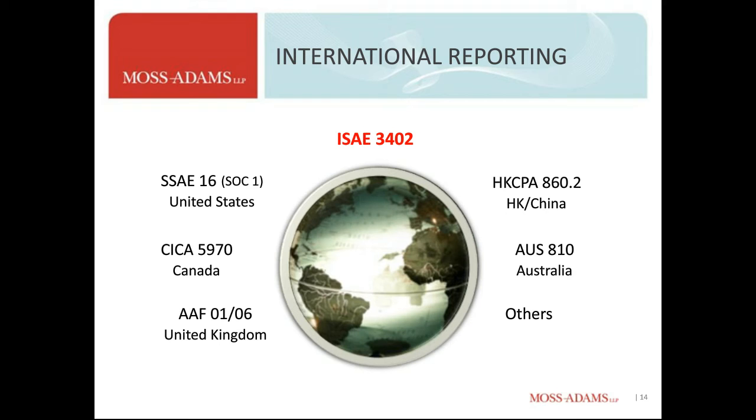All of these are reports on internal controls over a specified process or system. And there's also an ISAE 3402, which is the international standard. So when having a report issued in the United States, you could actually have a report issued under both the SSAE 16 and the ISAE 3402 standard if you wanted to, and it would have more applicability globally if that was the case.